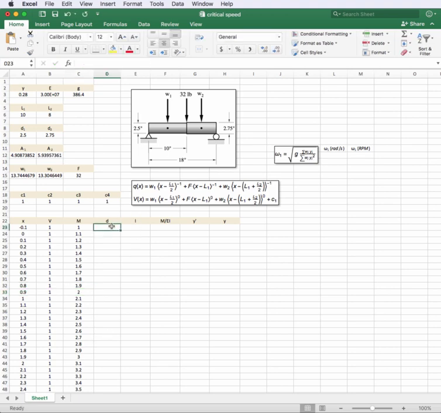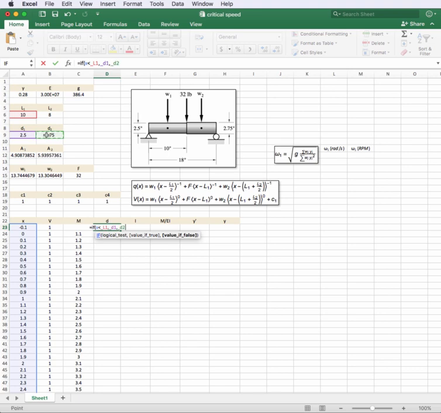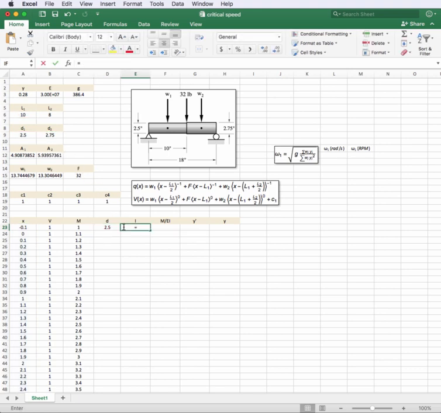Okay, here's the diameter. This is just equal to if x is less than L1, then it's D1, otherwise it's D2. And I is just equal to pi over 64 times the diameter to the 4th.